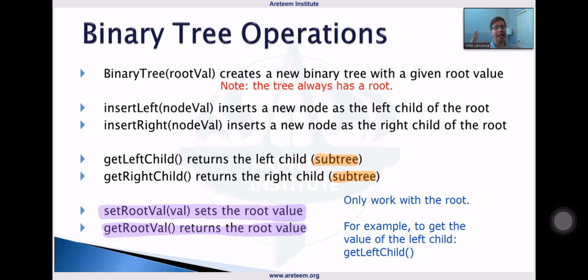So when we call get left child, of course, this would be on our object. If we had a binary tree B, I'm omitting the B dot get left child here. And then from that point, that's its own object, and on that object we can call get root value. That would be the way you get the value of the left child in this case.